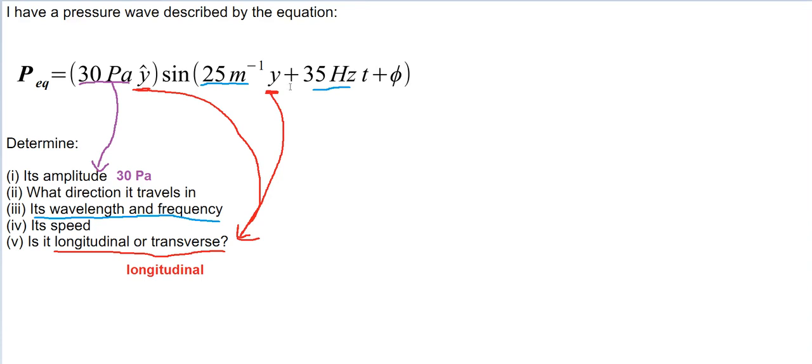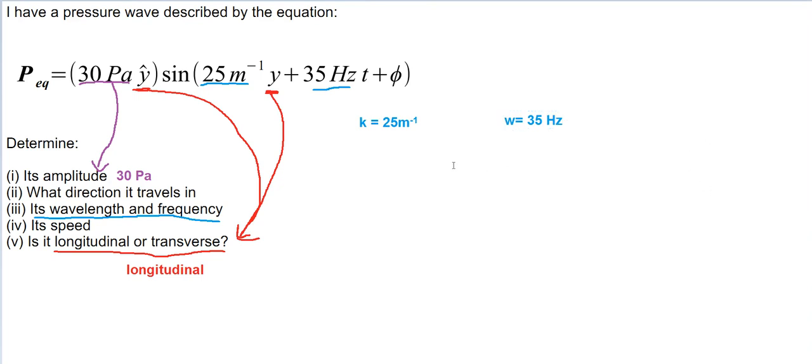These are not necessarily our frequency and our wavelength. The 25 meters to the -1 here is actually our wave number k. And the 35 hertz is actually our angular frequency, omega.